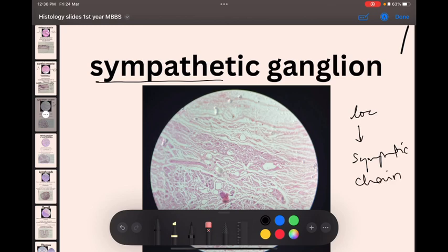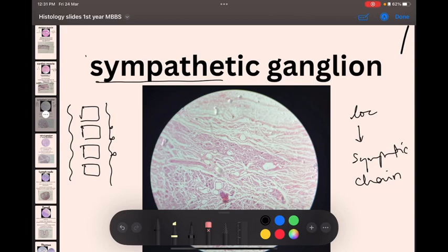If you know, the sympathetic chain lies beside the vertebral column. So imagine this as your vertebral column, the bones of the vertebral column, and here is the sympathetic chain. In this we have ganglia called the sympathetic ganglia.